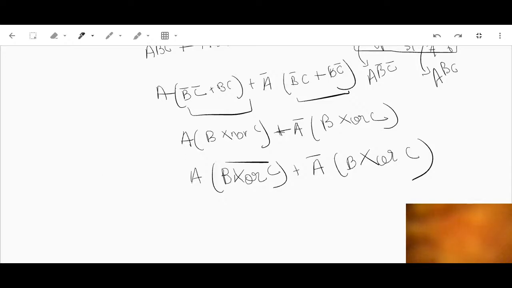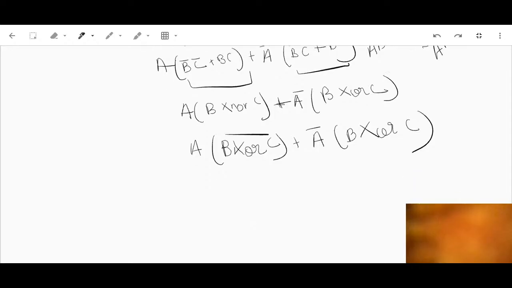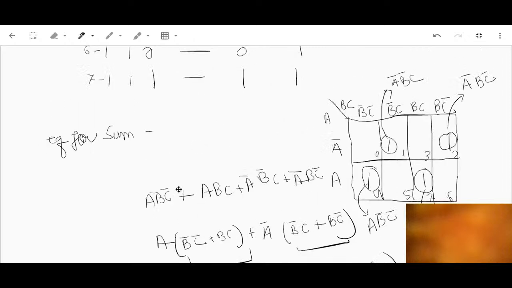Okay, like here is A, we just get A, and here we take this as B. So A B bar plus A bar B. So this is also forming an XOR gate. So we just write A XOR B XOR C. This will be the equation for sum.